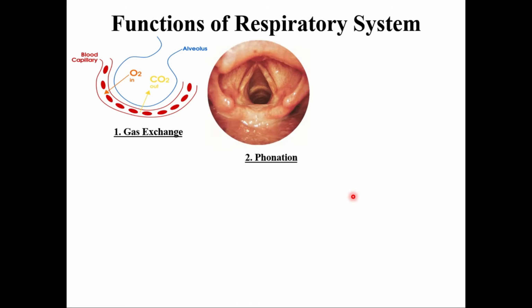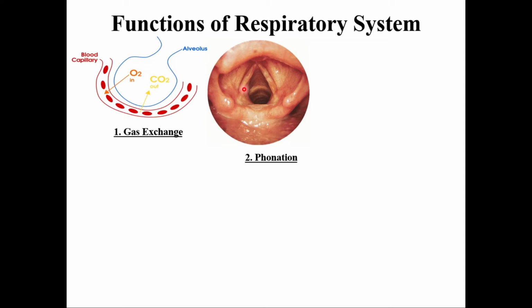The next very important function is phonation, that is, to produce sound. Yes, you may be surprised, but our respiratory system also helps in the production of sound. The vocal cords in our larynx, as you can see here, the two vocal cords in our larynx, help with the production of sounds.